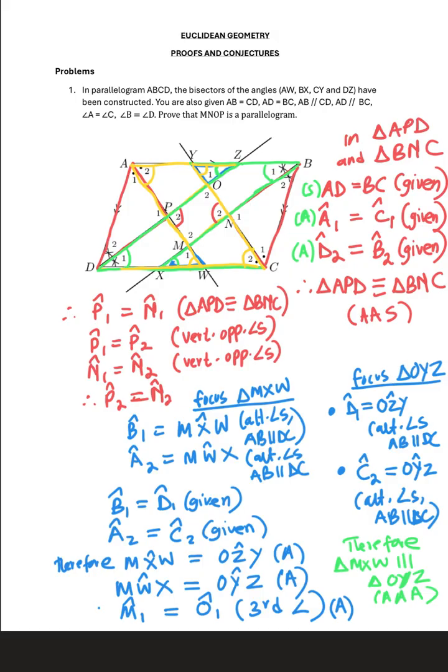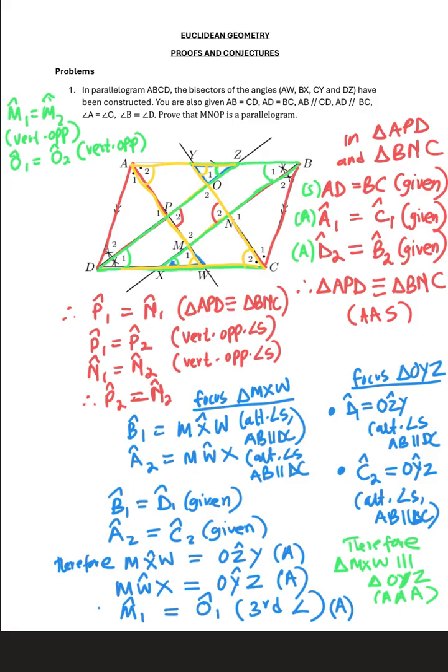So now angle M1 is equal to angle M2, reason: vertically opposite angles. And angle O1 is equal to angle O2, reason: vertically opposite angles.